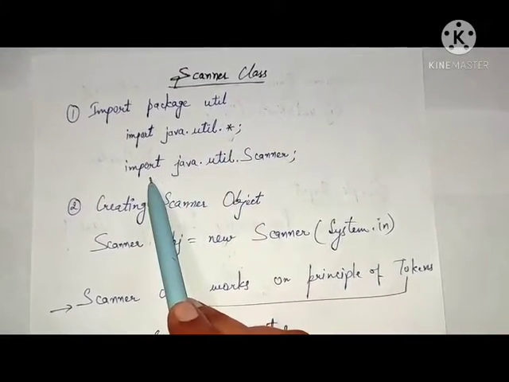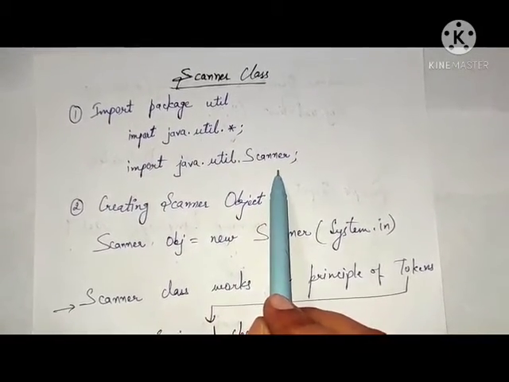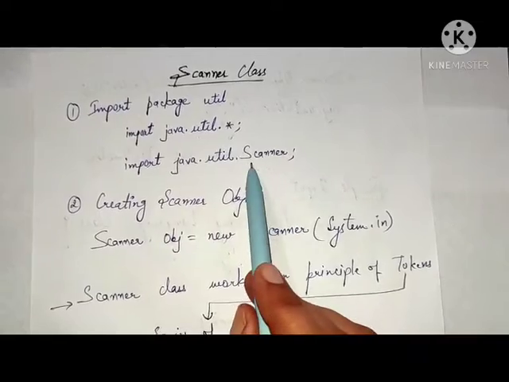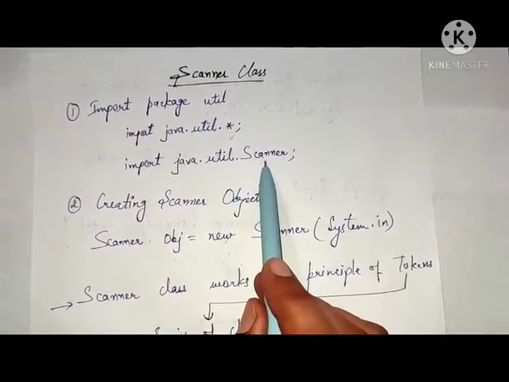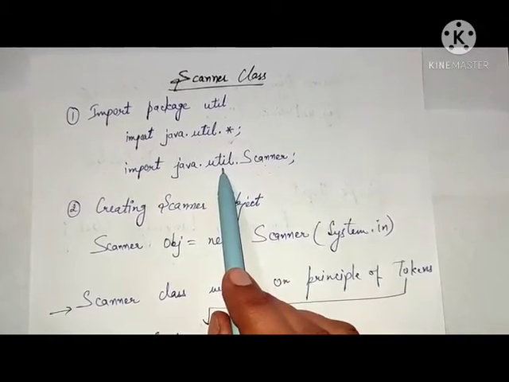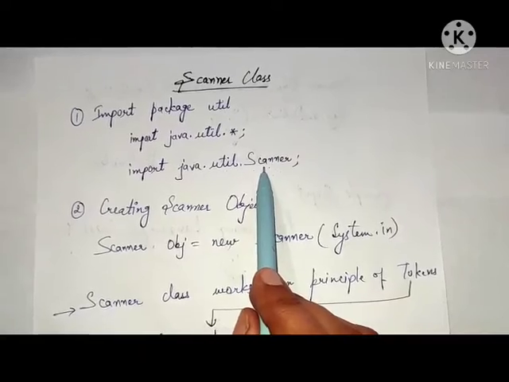Instead of that, we can write import java.util.Scanner. By this statement, only the scanner class we can use in our program. So java is a package, util is a package, and Scanner is the class name that we want to import.